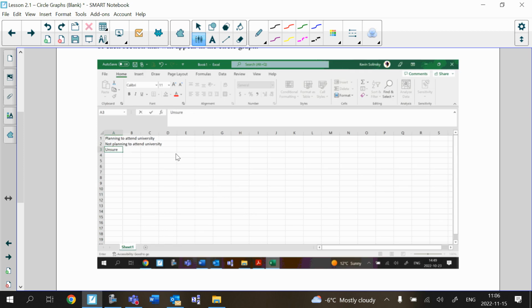Or you saved something. So, first thing I want you to do before we run out of time is save this as 2.1 circle graph. 2.1 circle graph.